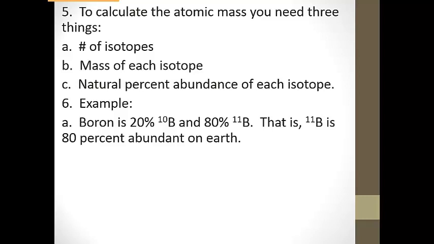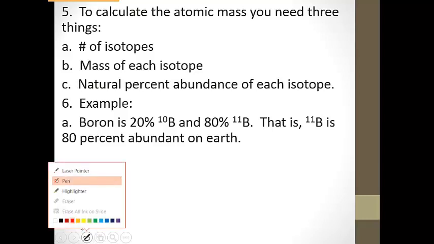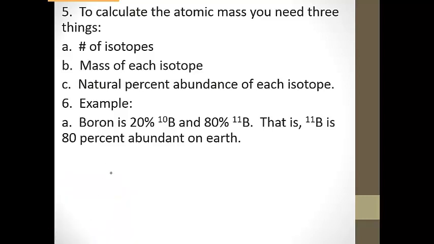And so to calculate the average atomic mass, we would take the mass of 10, and we would want to multiply that by its decimal. What percent is that? It was 20%. So 10 times 0.2.